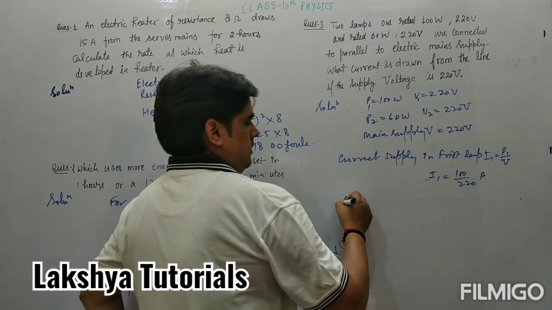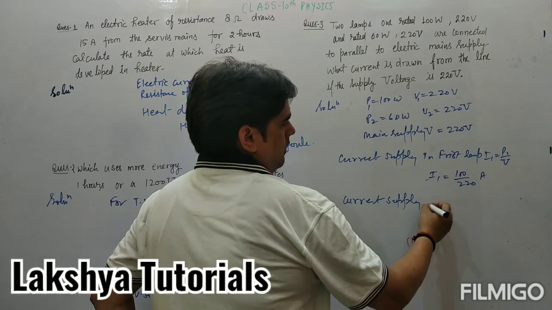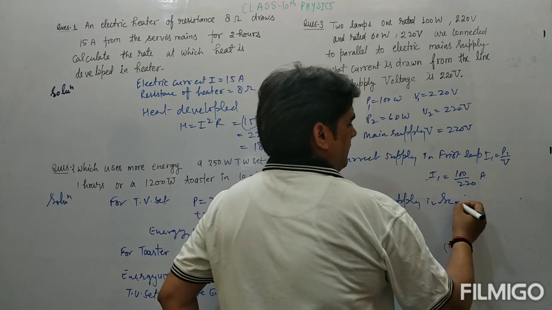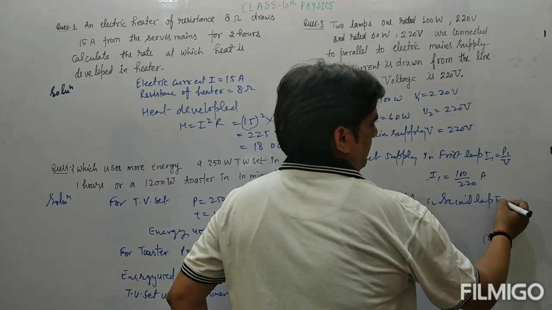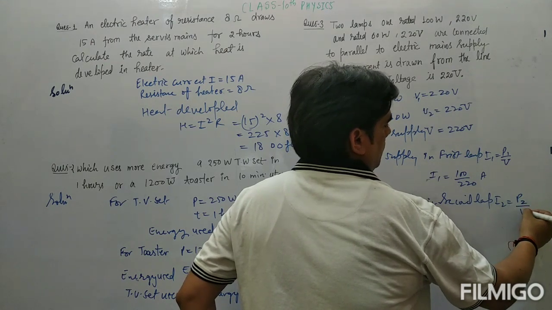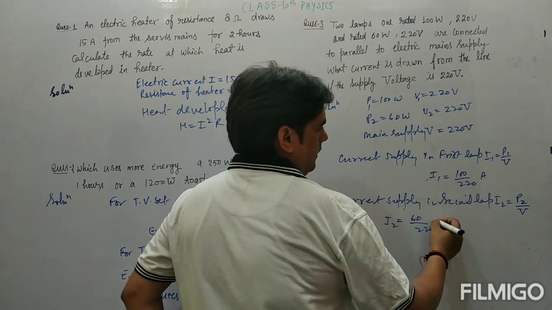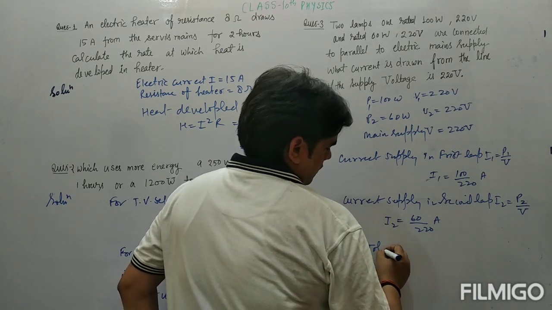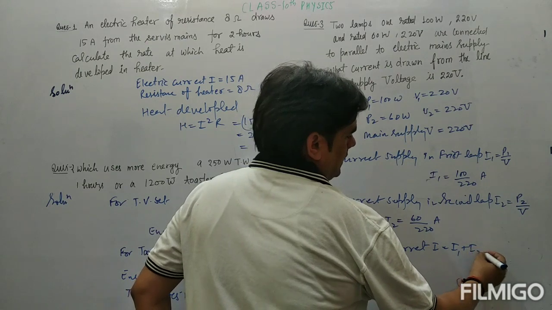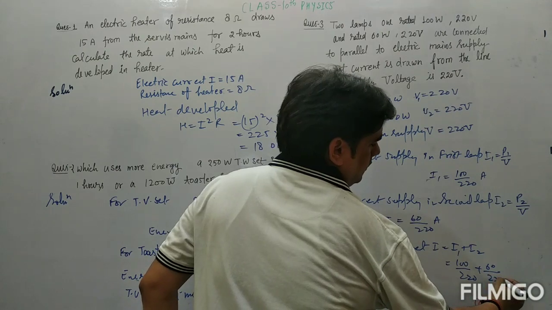For the next, current supplied in the second lamp, I2 is P2 by V, that is I2 is equal to 60 upon 220 ampere. Total current I is equal to I1 plus I2, 100 upon 220 plus 60 upon 220.